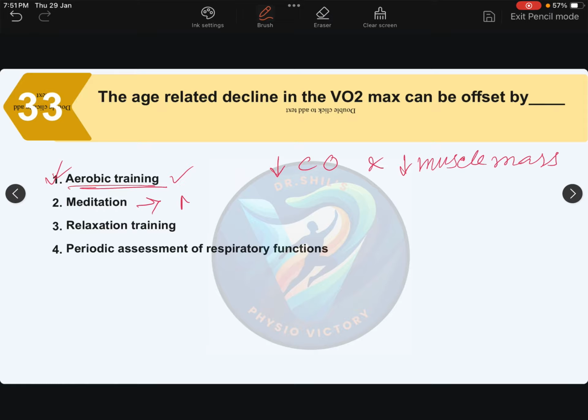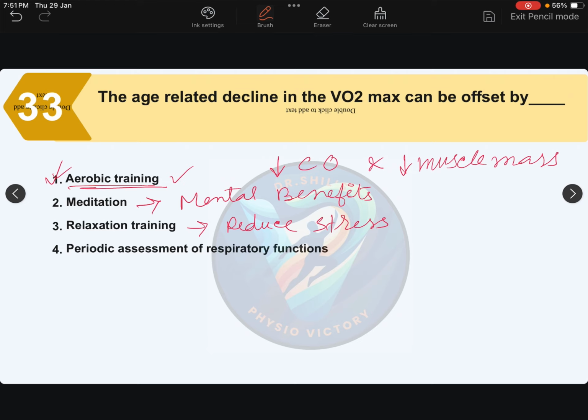Meditation is used for mental benefits. Relaxation is to reduce stress. Periodic assessment does not basically give physiological improvement.